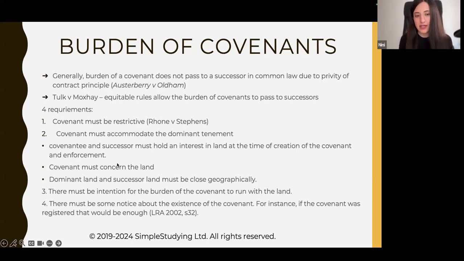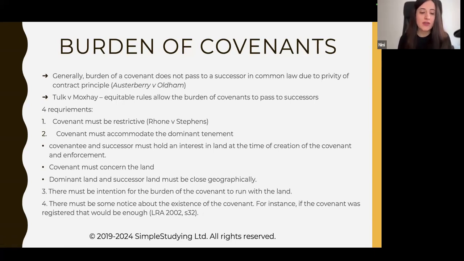The covenant must be about the land, and the dominant land and successor land must be close geographically. It cannot be too far away. It doesn't have to be right next to each other, but it has to be close. Third, there must be intention for the burden of the covenant to run with the land, the intention of the parties. And finally, there must be some notice of the existence of the covenant.